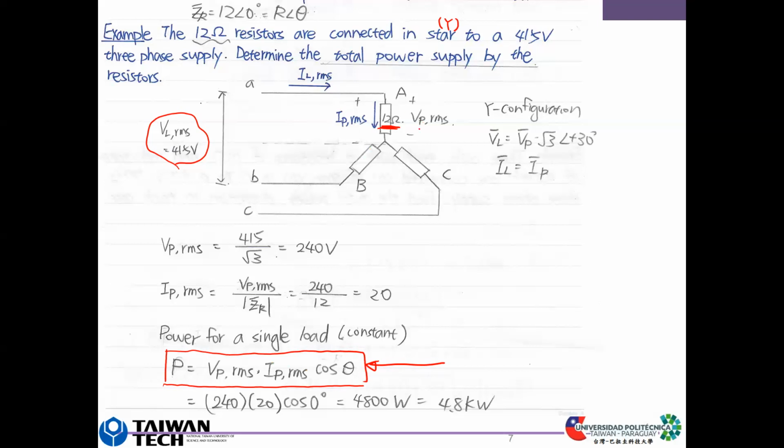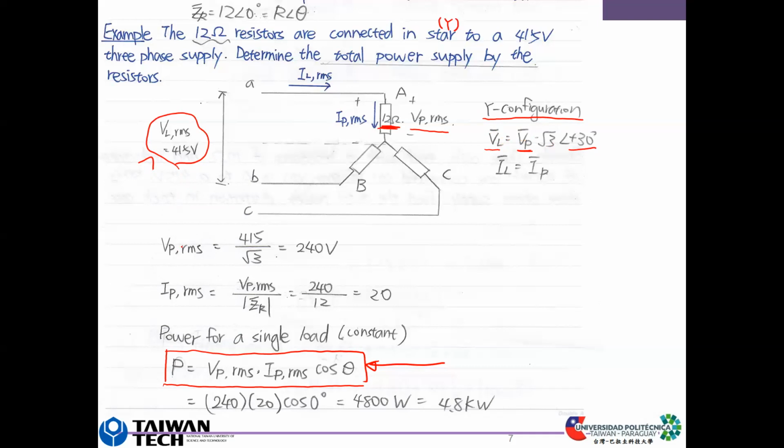We are given the line voltage, and we need to calculate the phase voltage in RMS. So we look at the formula for Y configuration. You are given line voltage and you need to calculate the phase voltage. So we have phase voltage equals the line voltage divided by square root of 3. And then we don't need the phase here.